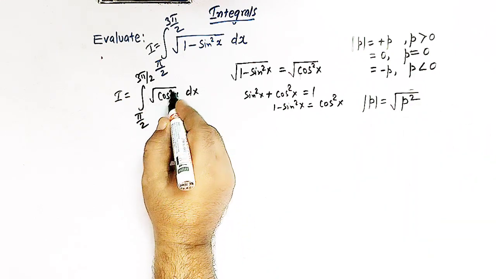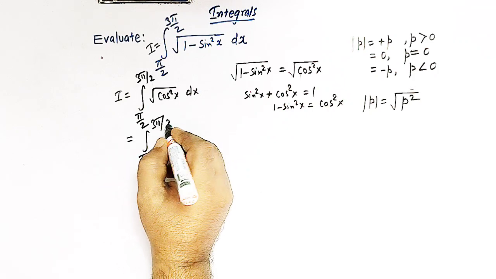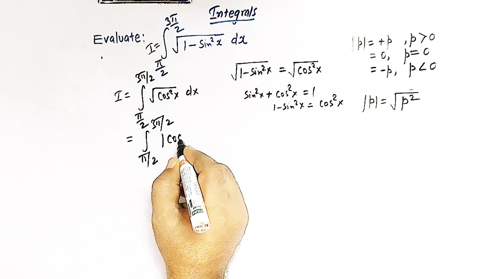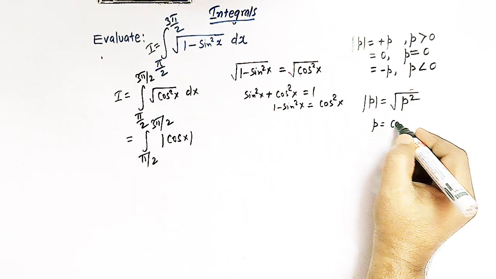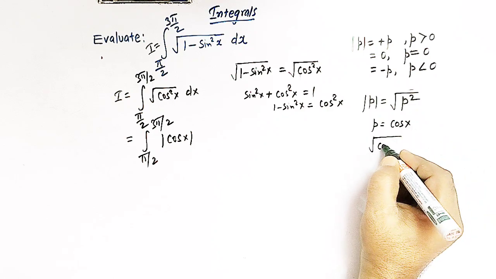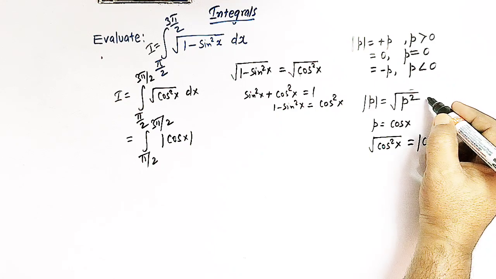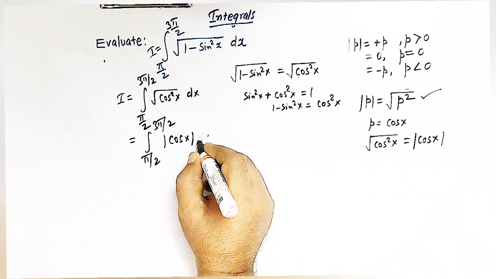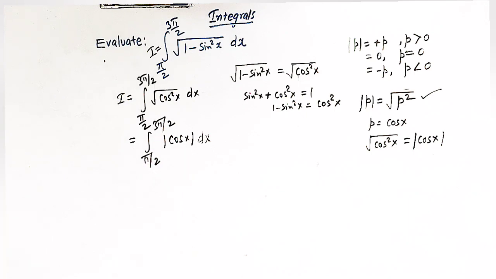So here square root of cos square x can be written as absolute value of cosine x, because if we take p is equal to cos x, then square root of cos square x is equal to mod of cosine x due to this definition. So here we have the integral from pi by 2 to 3 pi by 2 of mod cos x dx.